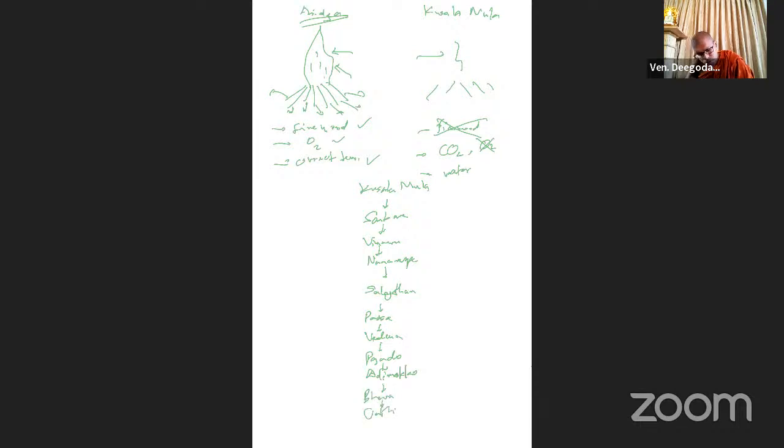So here's the Kusala Mula cycle, and in this cycle there's a power, and this power creates, as we discussed in the discussion last week, this karma power, and energy is created and deposited in this karma power, and it would create causes.